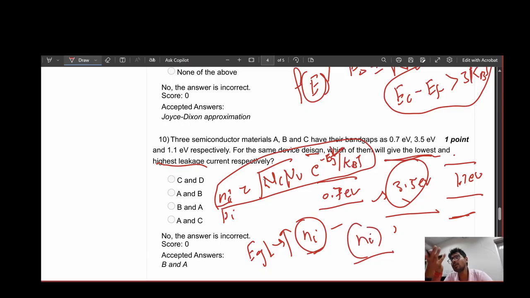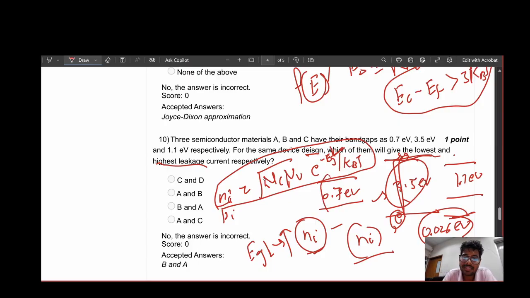You can think of it directly: the electron from the valence band needs more energy to jump over to the conduction band. Thermal energy is 0.026 electron volts, so jumping across a large gap is a very difficult process.